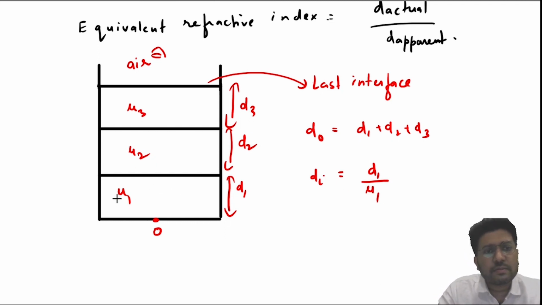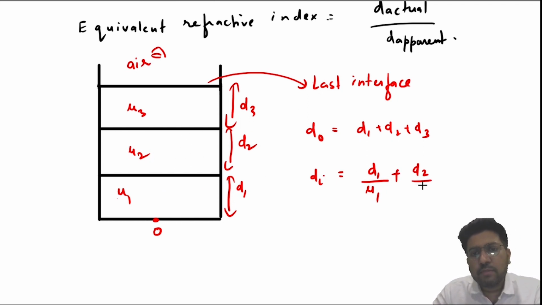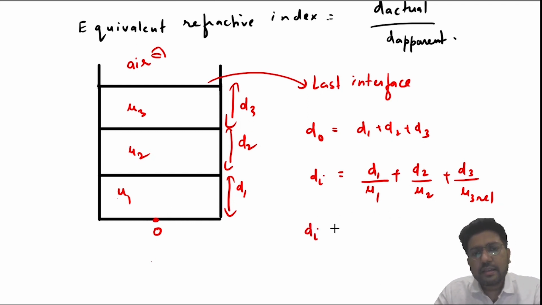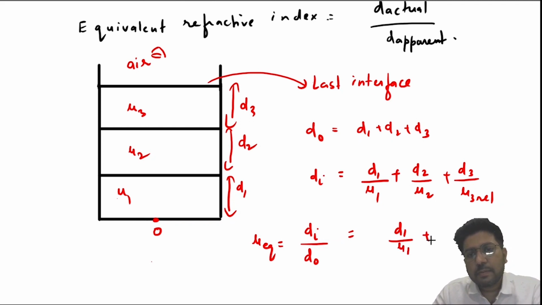Now mu1 relative is mu1 by 1 only because this is air, plus D2 by mu2 relative plus D3 by mu3 relative. Okay, because the object is here only in this medium, so this distance is 0. So Di by DO is mu equivalent. Mu equivalent is Di by DO, and that will be equal to D1 by mu1 plus D2 by mu2 plus D3 by mu3, divided by D1 plus D2 plus D3.